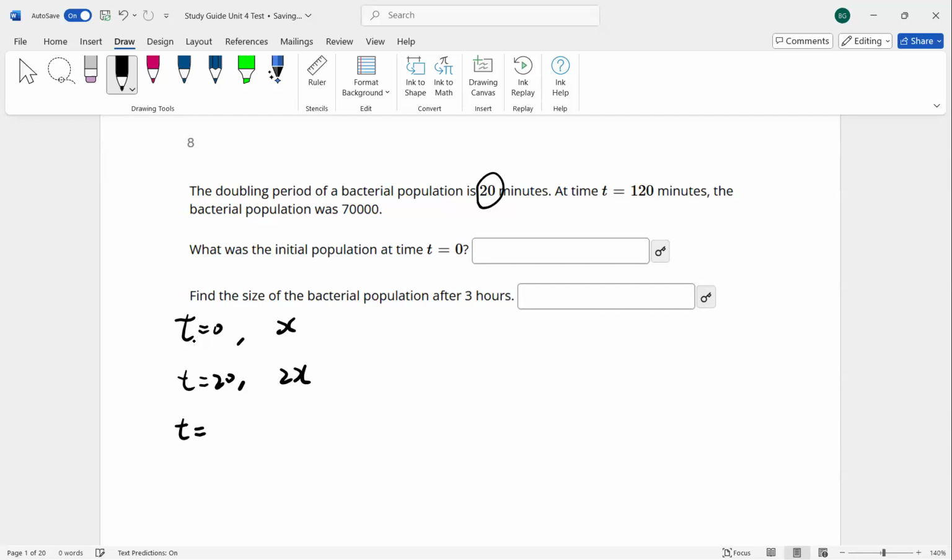When the time is 40, compare with the initial. After another 20 minutes it doubles 2x, which is 4x. And another 20 minutes, which is 60, you double 4x, which is 8x. Another 20 minutes, which is 80.